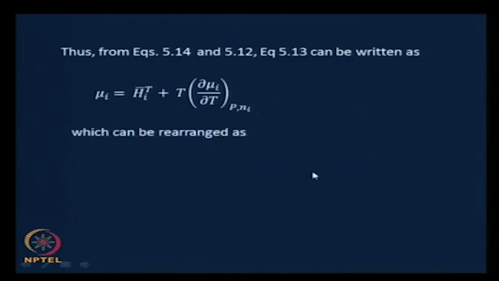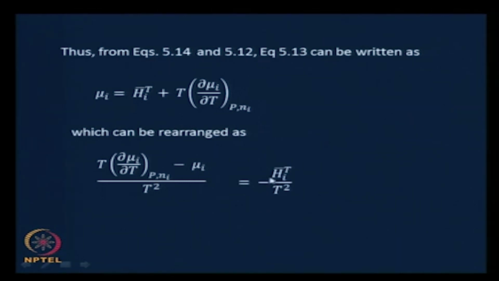This can be rearranged as T ∂μi/∂T at constant P, Ni minus μi, divided by T squared, equals minus Hi-t-hash by T squared. Just a rearrangement.